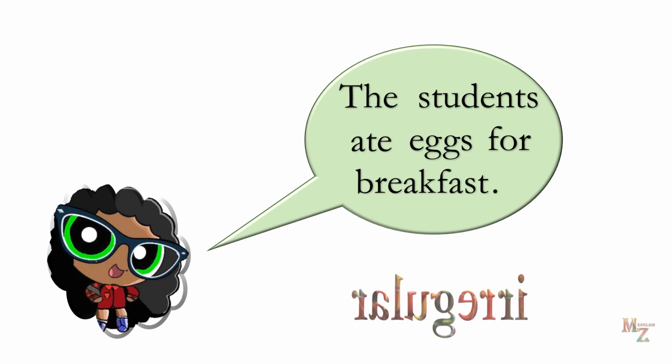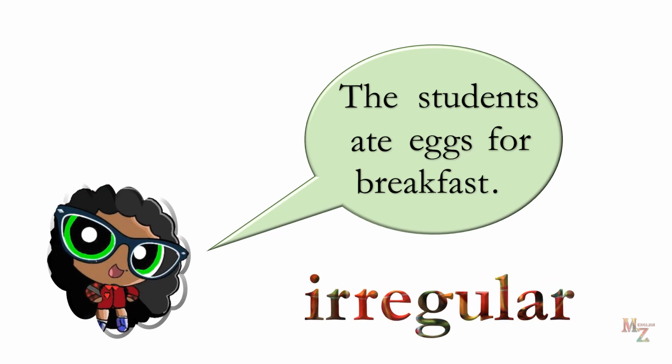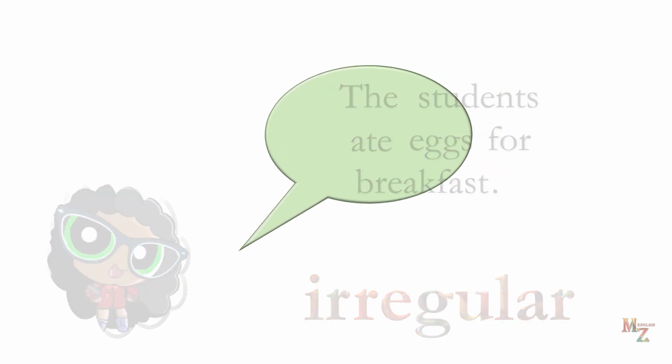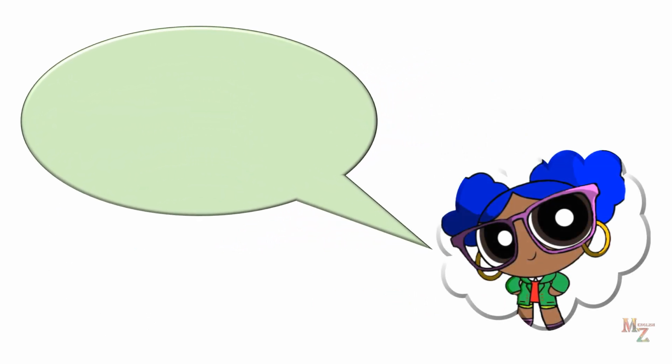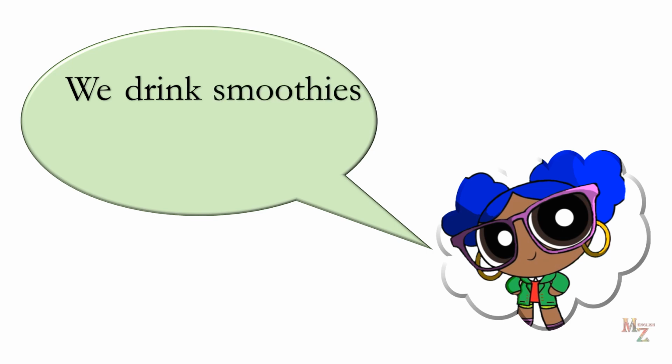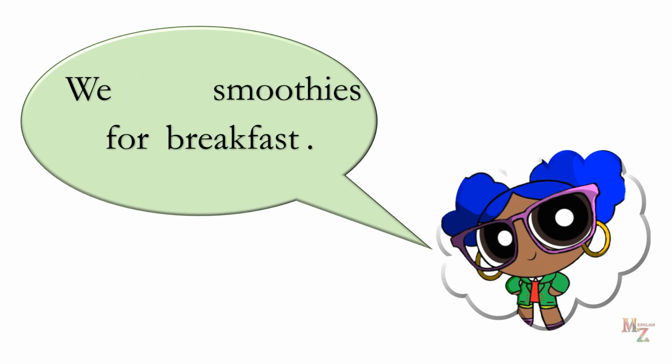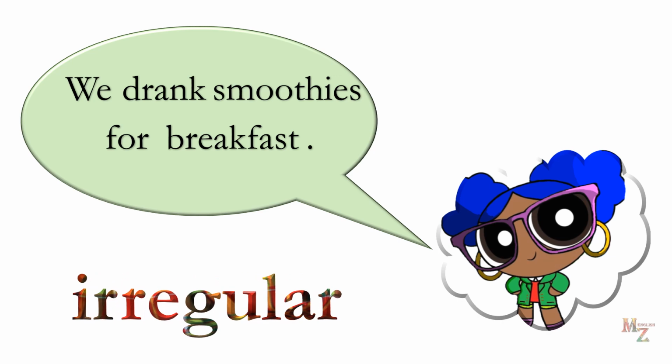Ate and eat is one of our irregular verbs. We drink smoothies for breakfast. Drank. We drank smoothies for breakfast.